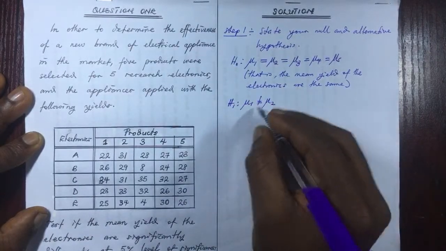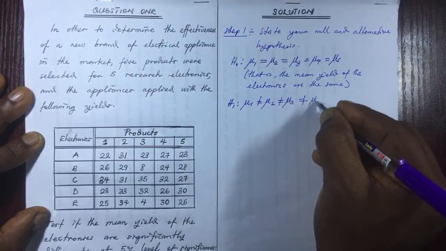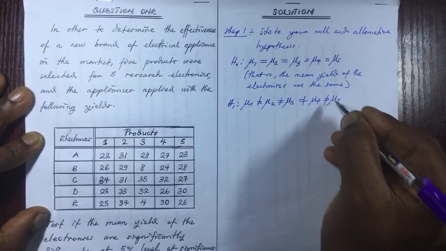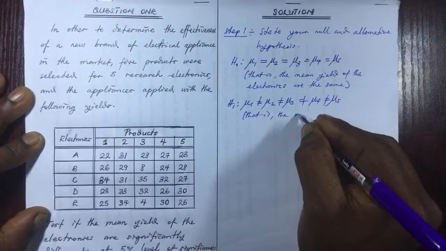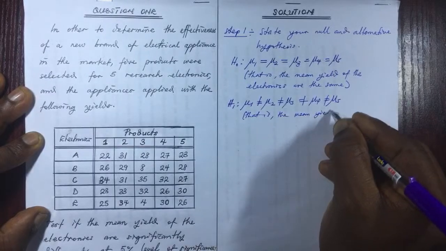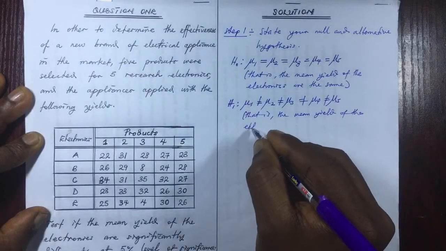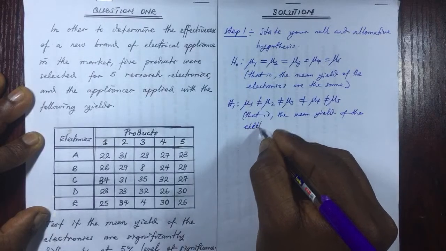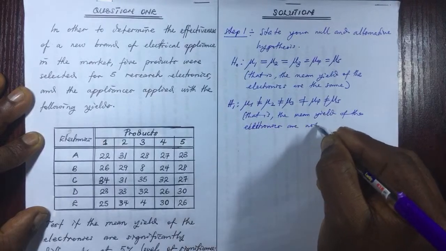So in this case, I'm going to be using mu1 is not equal to mu2, not equal to mu3, not equal to mu4, not equal to mu5 to mean that the mean yield of the electronics are not the same.